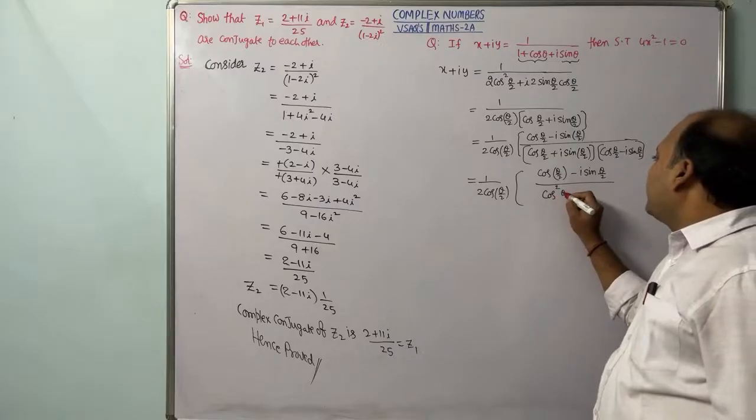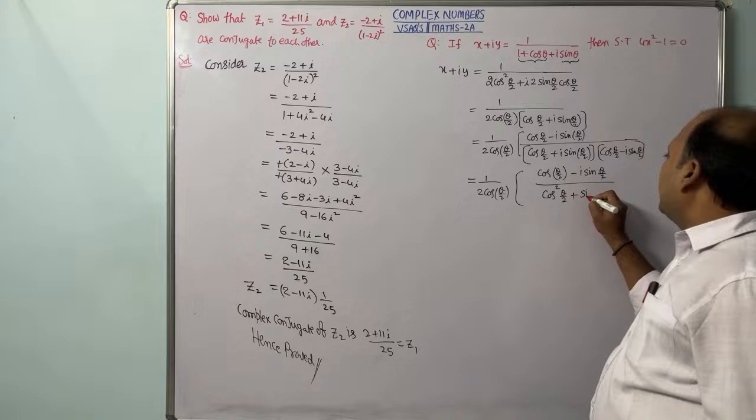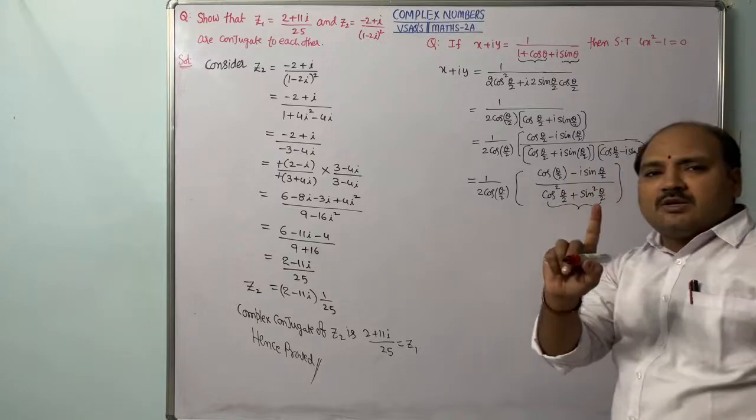So cos square theta by 2 minus i square, meaning plus sin square theta by 2. You know that sin square theta by 2 plus cos square theta by 2 value is 1.